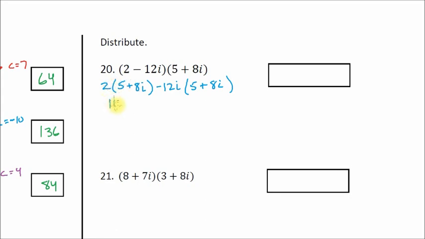2 times 5 is 10. 2 times 8 is 16i. 12 times 5 is actually 60, and that's going to be a negative 60.